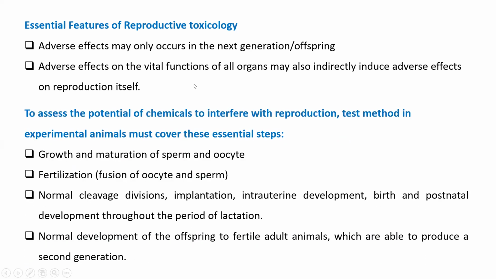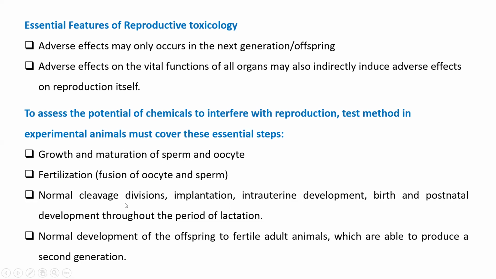Then, if you want to assess the potential of chemicals to interfere with reproduction, the test method in experimental animals must cover the following essential steps. First is growth and maturation of the sperm and oocytes. Then fertilization, like fusion of oocytes and sperms.